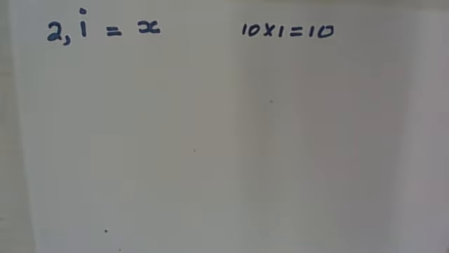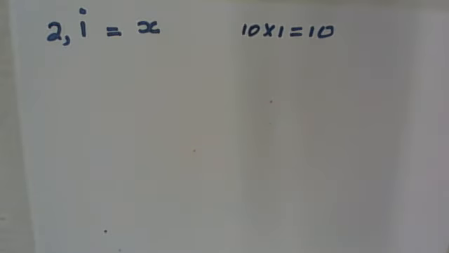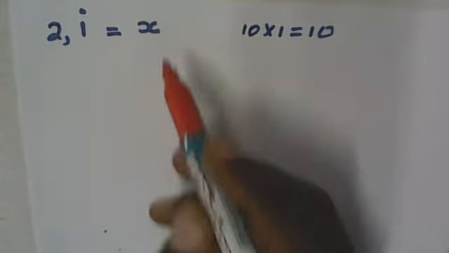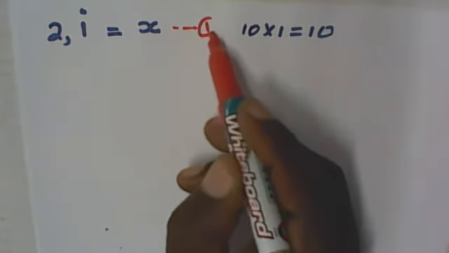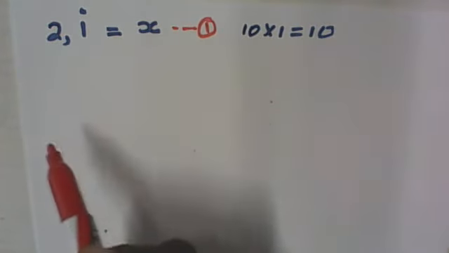This is equation number 1, guys. Then for equation number 2, we multiply by 10. And when we multiply by 10, we get this times 10.